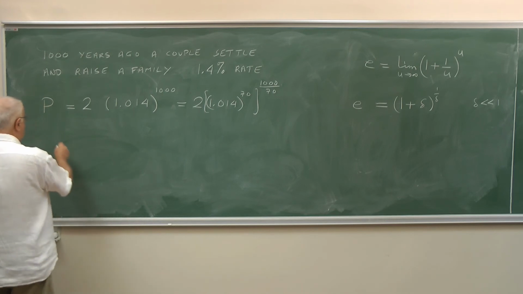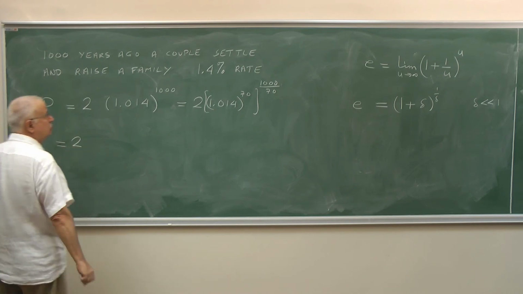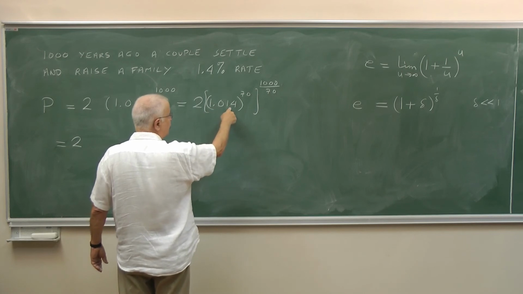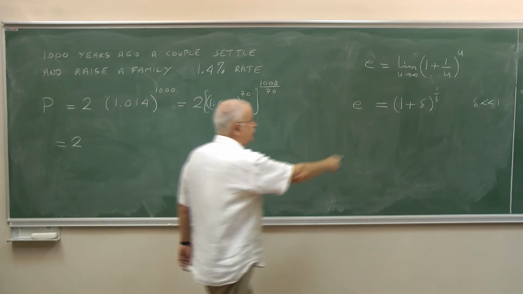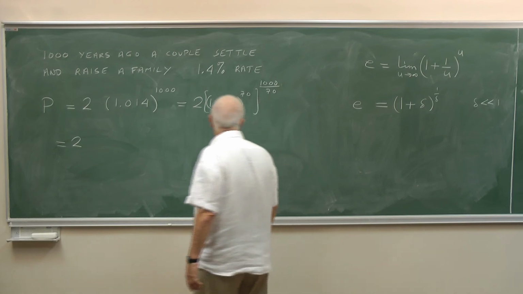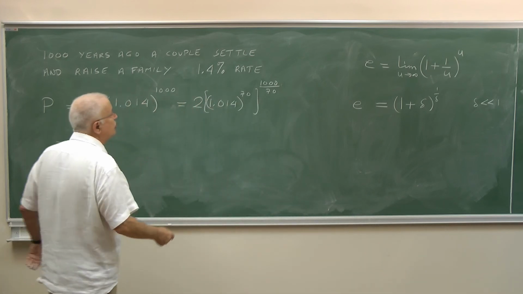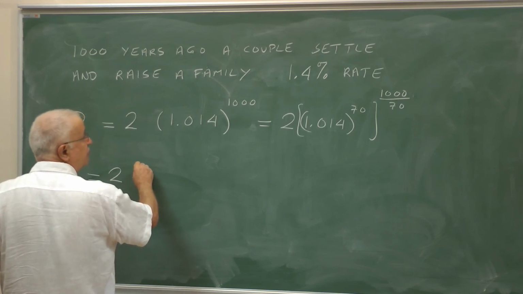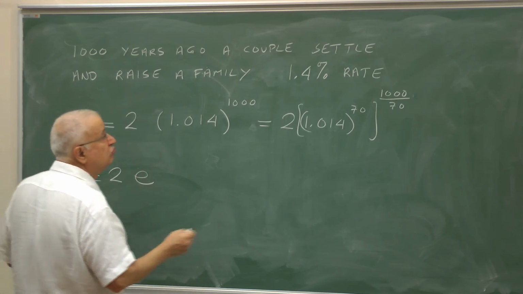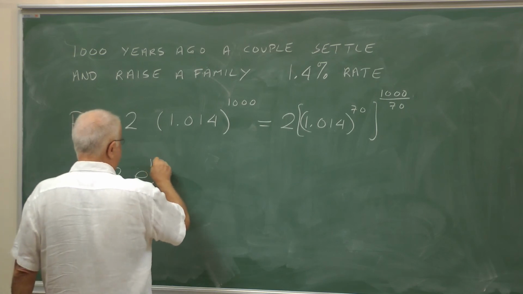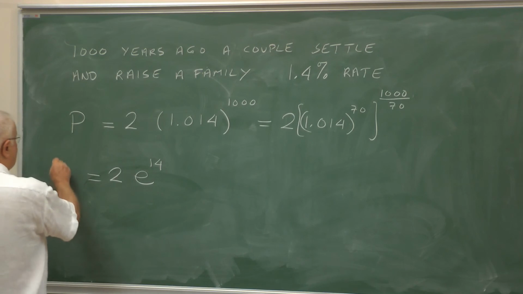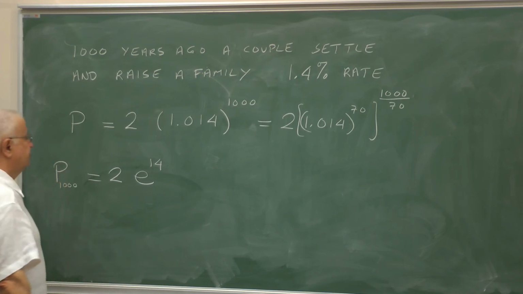Well, this is 2. This is e, 1 plus a small number to 1 over that number, this thing, to 100 over 7. Well, that's e to the 14. This is people of 1000.